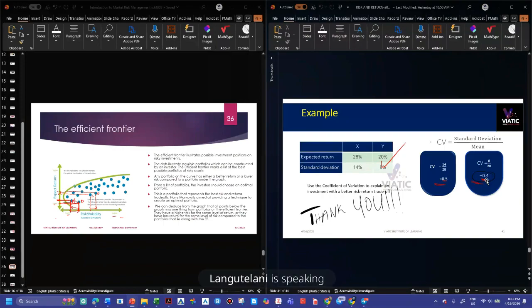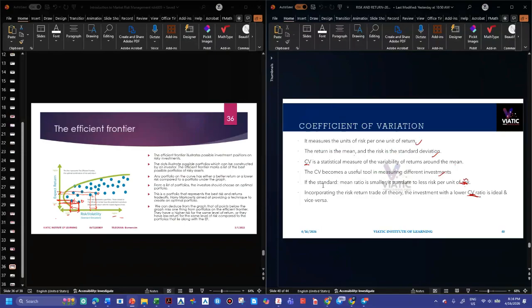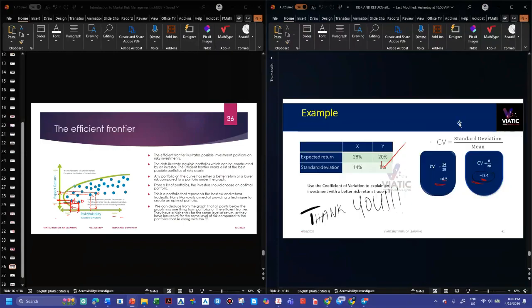Yeah, stock Y, because the CV is low. Because we are saying here, CV is a measure. The standard deviation to mean ratio is smaller, so it translates to less risk per unit of return. So that's what we'll be using.